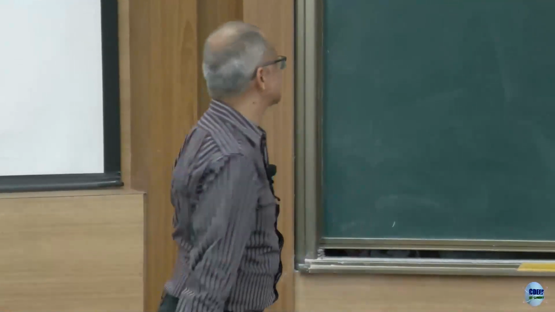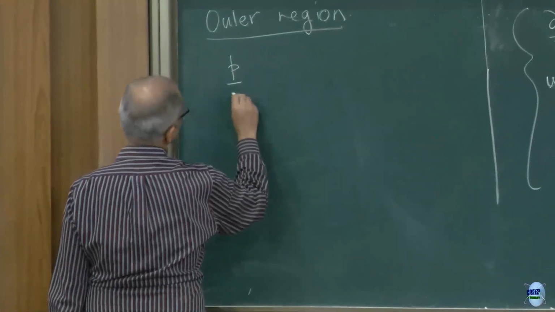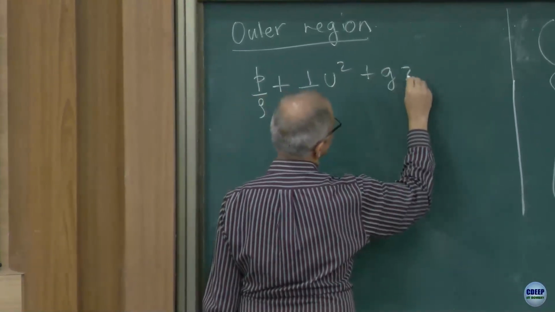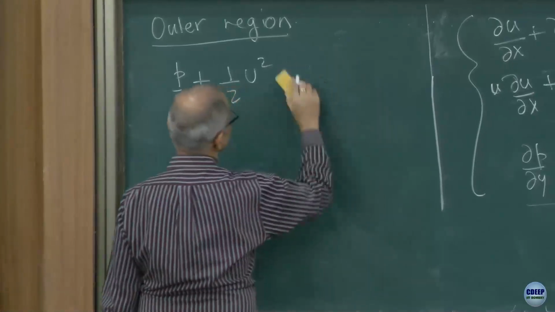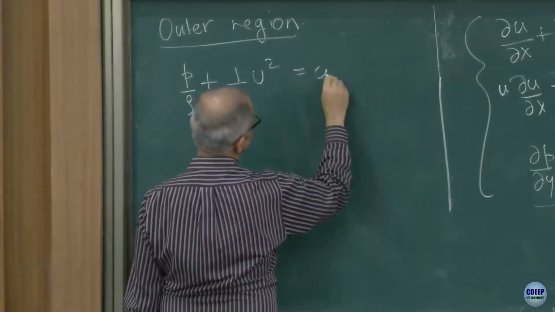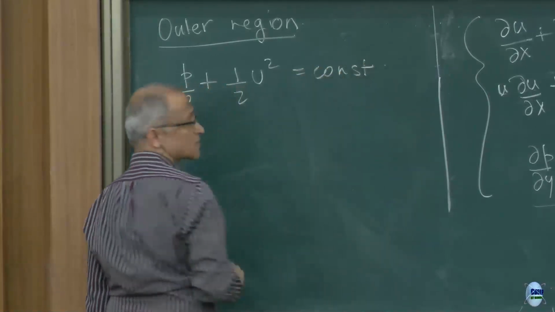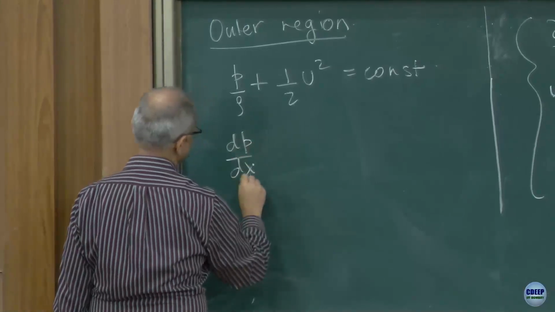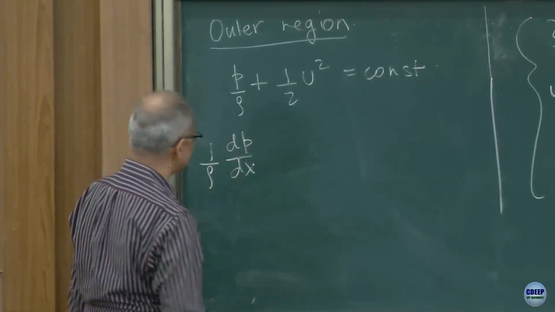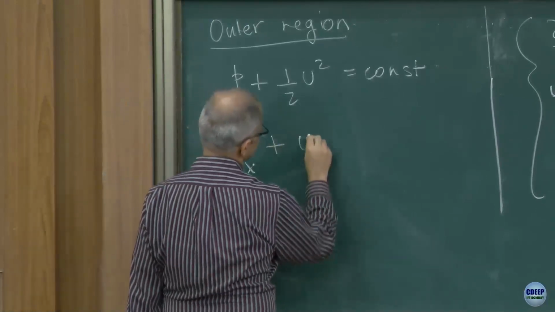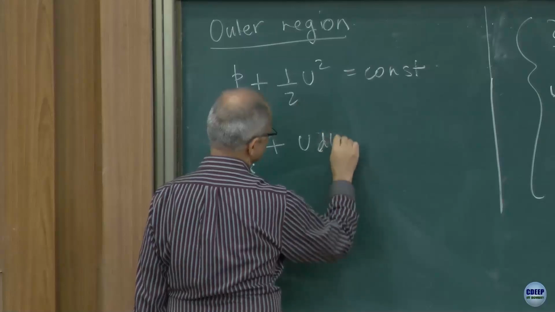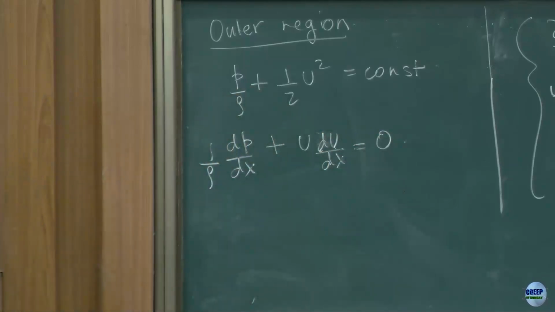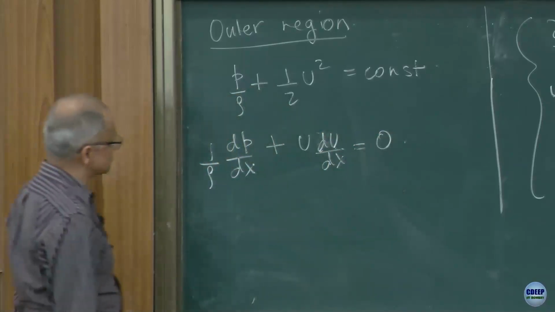So p by rho plus u square upon 2, plus gz if you want, and we have already said we don't bother about the gravitational effect, is equal to constant. So if I want to write out dp dx, I can always put it for now and then worry about whether I'm imposing it or not: u du dx plus (1/rho) dp dx is equal to 0.